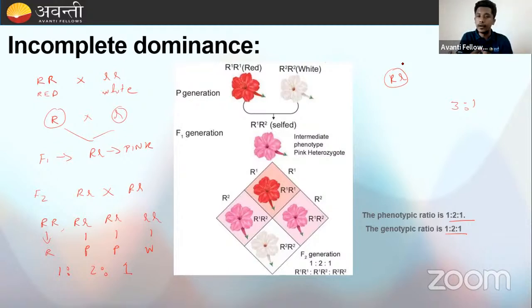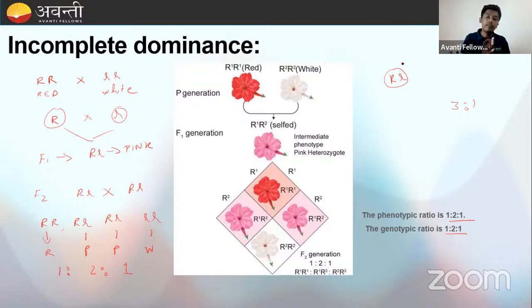So what is happening here is, the capital R is also expressing to a certain extent, and small r is also expressing to a certain extent. So both of them interact with each other and give rise to a new phenotype, okay, or a mixed phenotype. So this new phenotype, that is the pink color, that condition is called incomplete dominance.